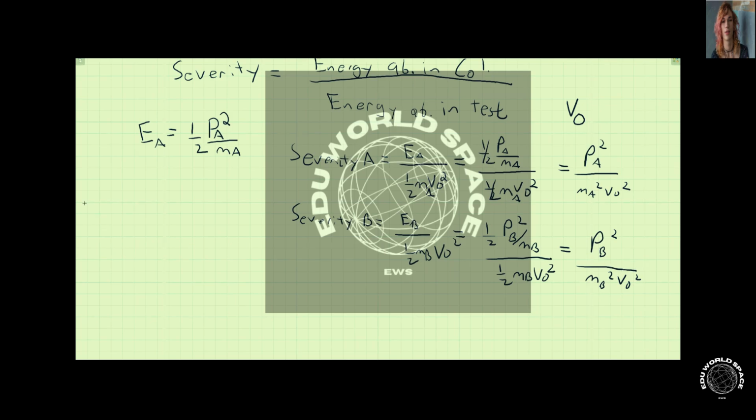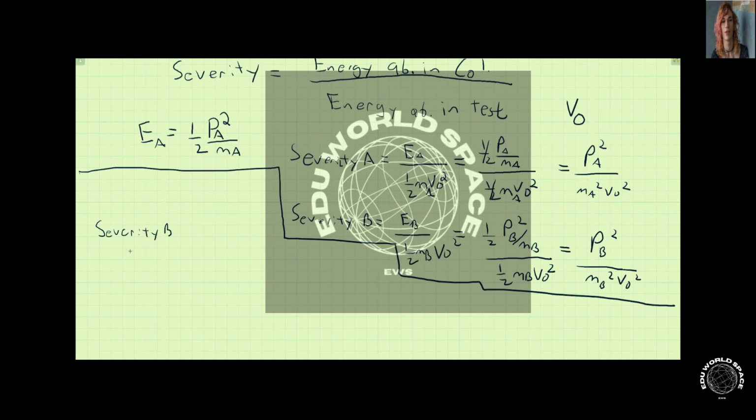Thus, we are asked how much more severe the accident is for automobile B compared to automobile A. What that means is we want to find the ratio of the severity of the crash for automobile B to the severity of car A. Well, we know expressions for those now.